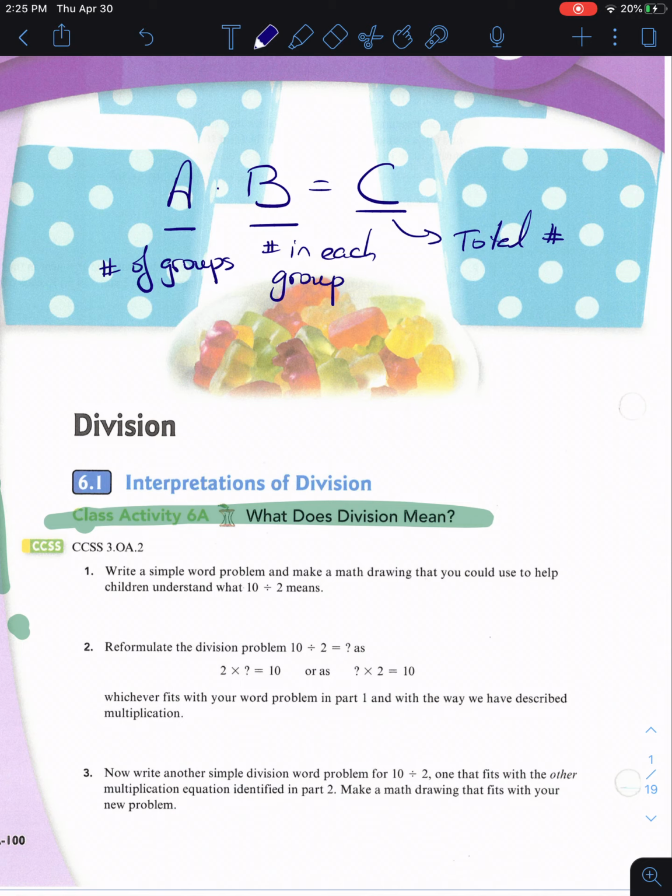So if we're dividing, we're going to take the total and divide it either by A and not know B, or by B and not know A. If we're dividing C by A, then we know the total number and the number of groups.